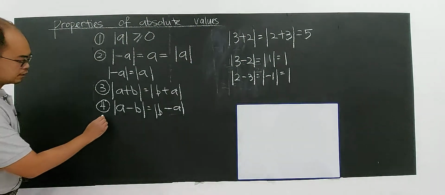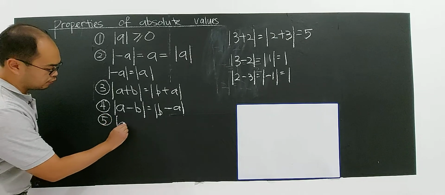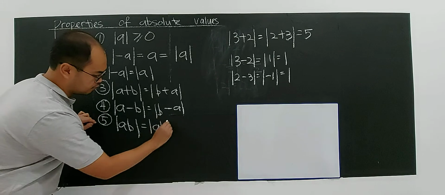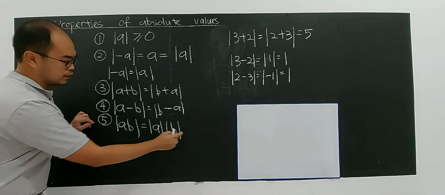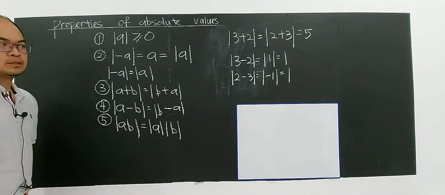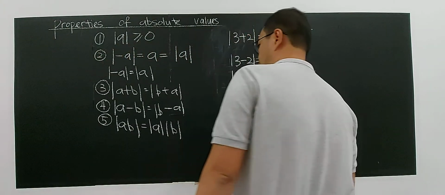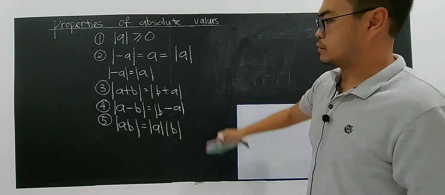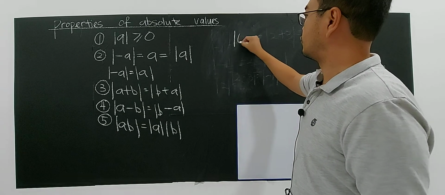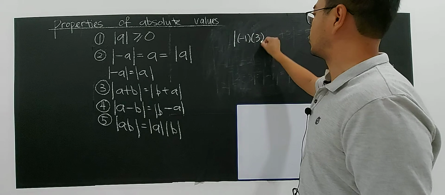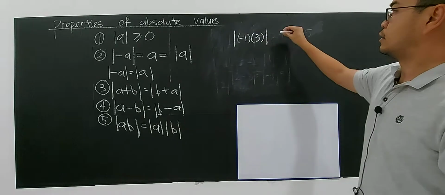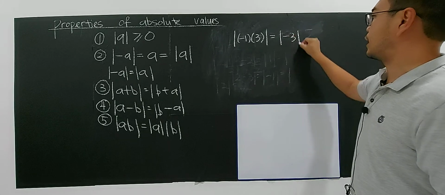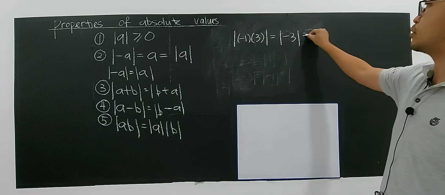The fifth property is that the modulus of ab, the product of two numbers, is the same as the product of the two moduli of the respective numbers. We will look at some examples. For example, you have the modulus of negative 1 multiplied with 3. Negative 1 times 3 gives you negative 3, which gives you 3.